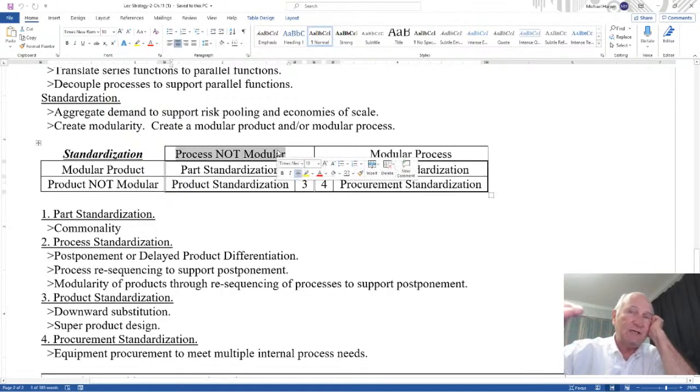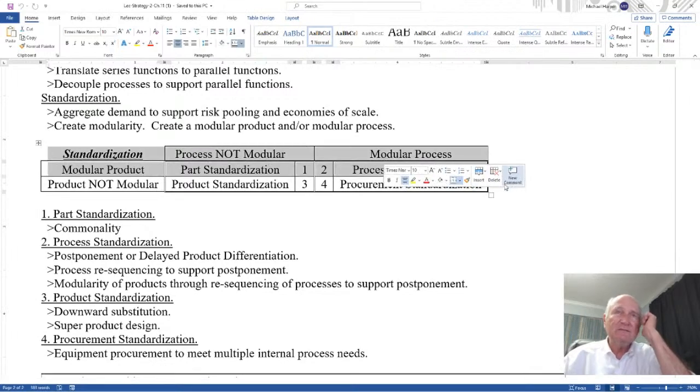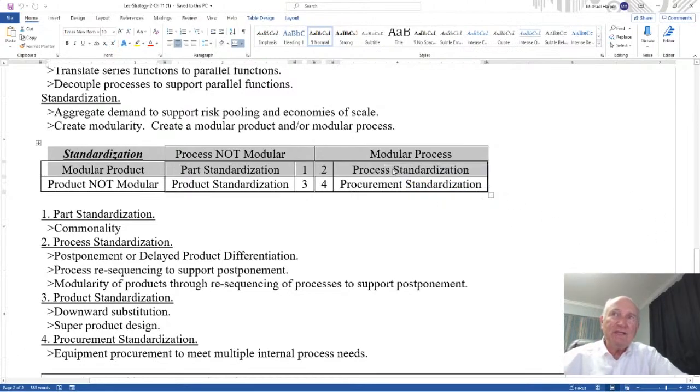It's one process. You can't break it up. Well, when you have a modular product and a modular process, you have one product, one process, that's all you have, then what are you going to do? You can standardize the process. Okay, so this process is standardized.